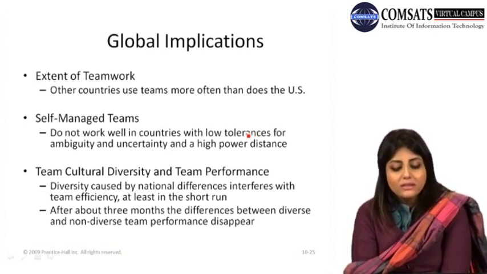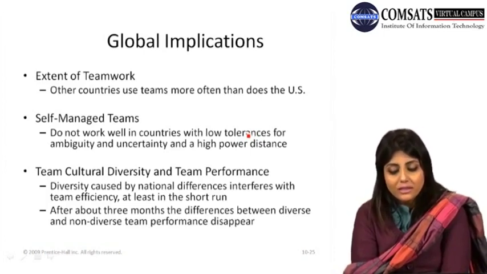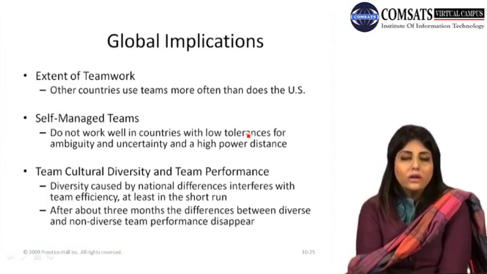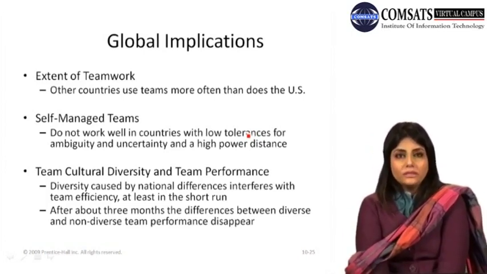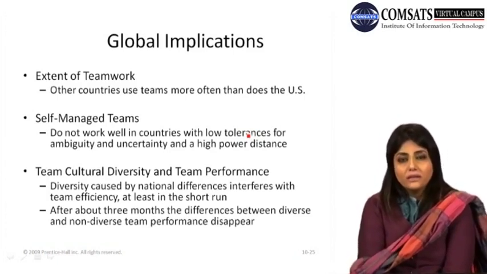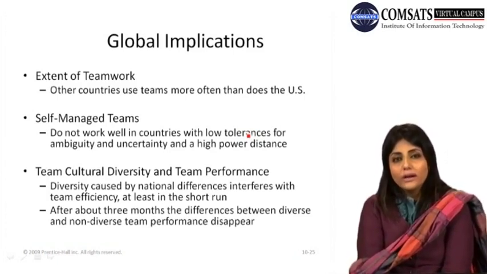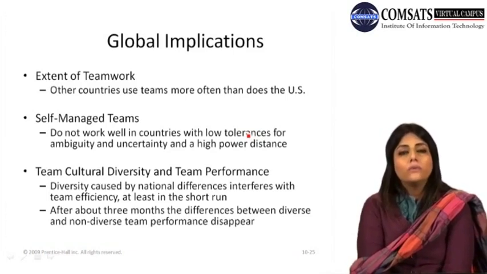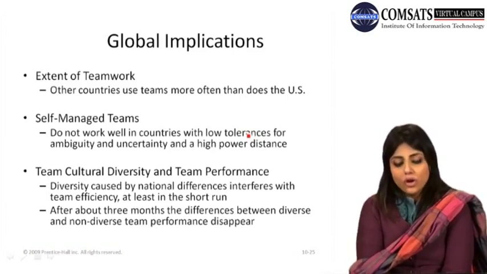Then the cultural differences, diversity and team performance. We discussed that diversity caused by national differences interferes with team efficiency, at least in the short run. Relating to this, in one of my previous lectures I gave you the example of Walmart, how it opened one of its stores in Germany and could not run it successfully because of cultural diversity.